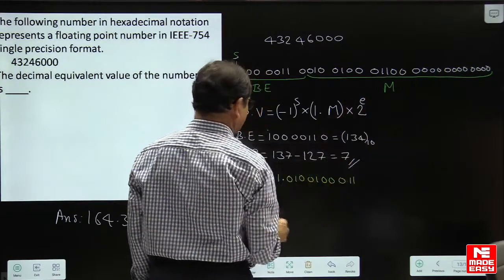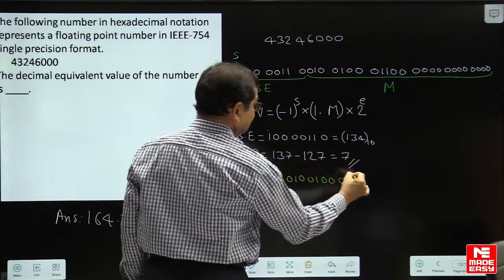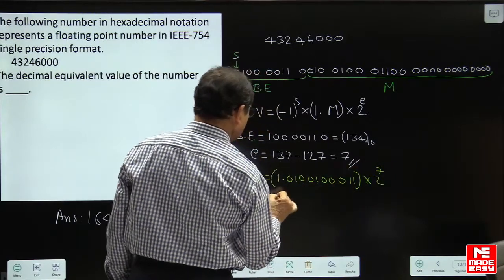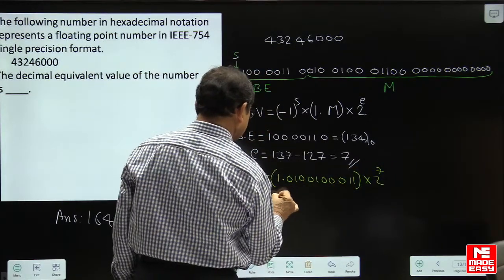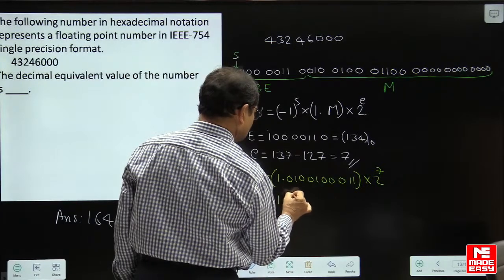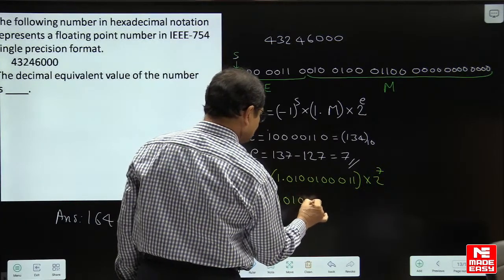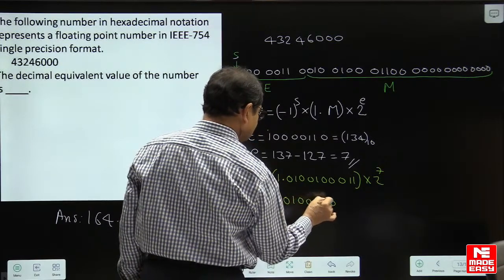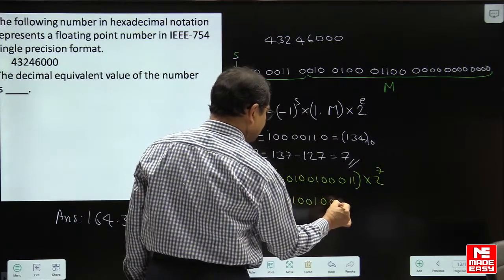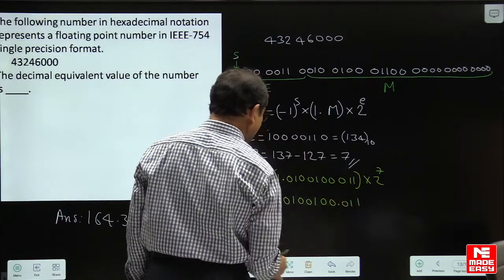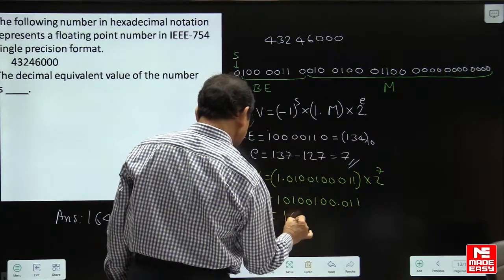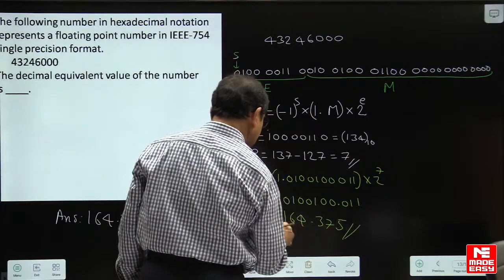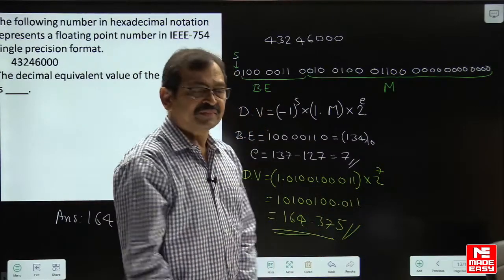Later, of course, all we have are zeros. Into 2 to the power of 7. So if you work it out, it is 10100100.011, which definitely gives 164.375. So it is the answer.